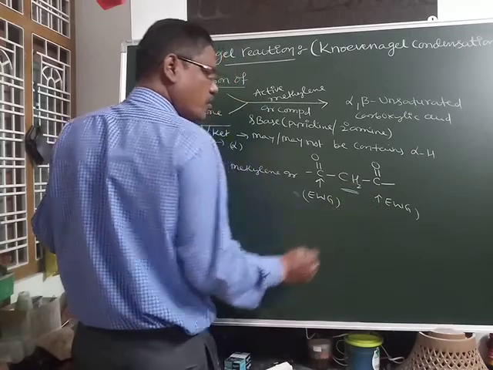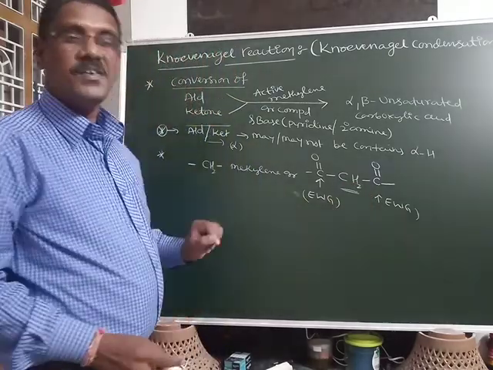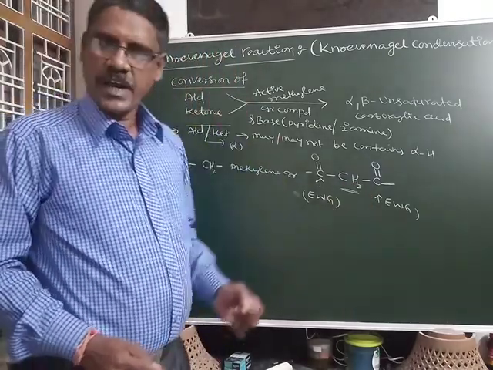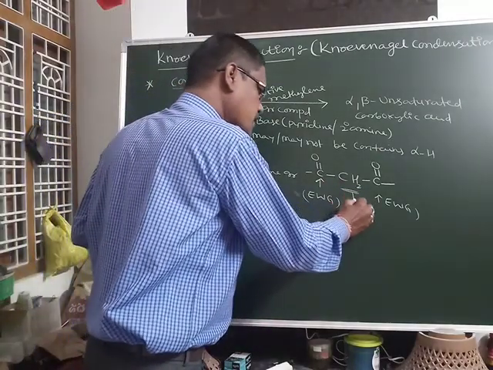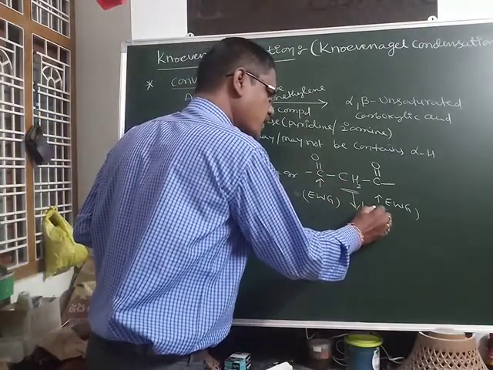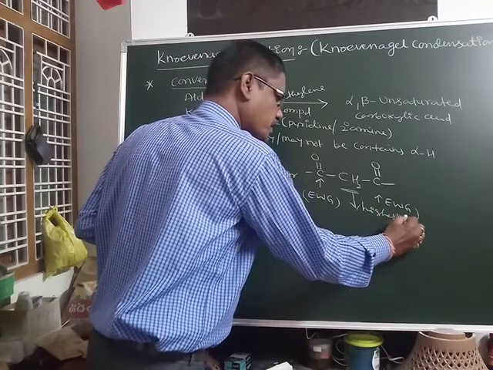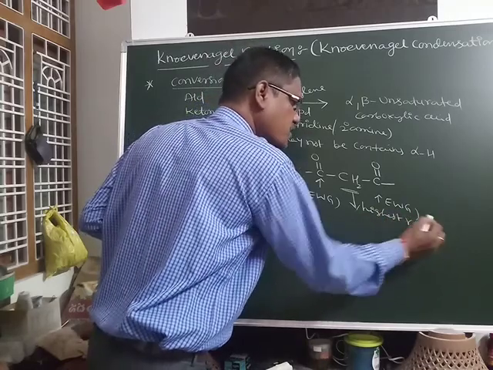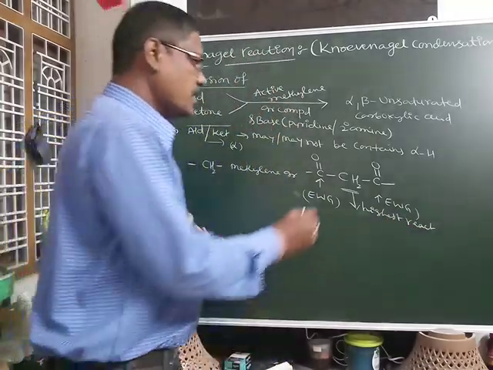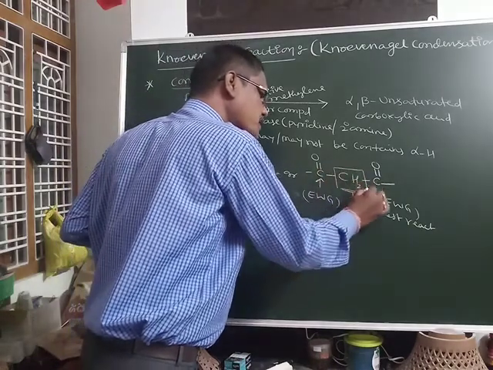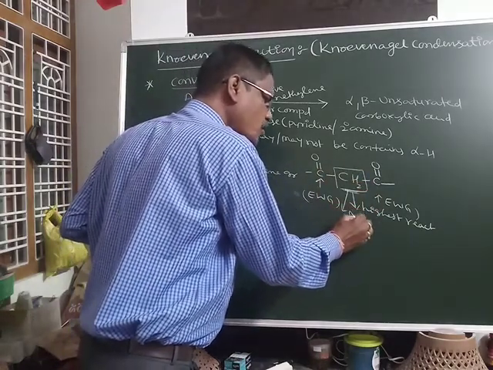If the methylene group is bonded between the electron withdrawing groups, then it exhibits highest reactivity. Then this methylene group is called as active methylene group.